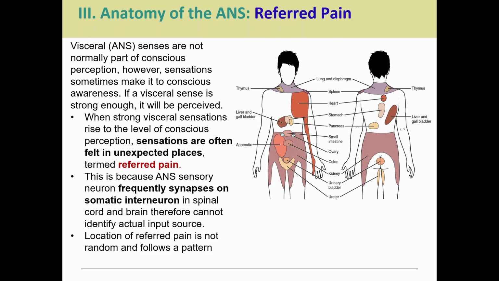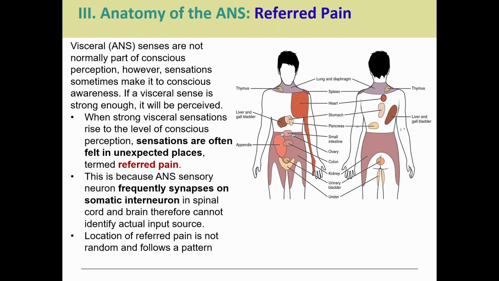So referred pain is basically this: the somatic and the visceral senses, where those neurons connect at the spinal cord, tend to connect at the same level. And that's because the autonomic sensory neuron and the somatic interneuron have an overlap to some degree.